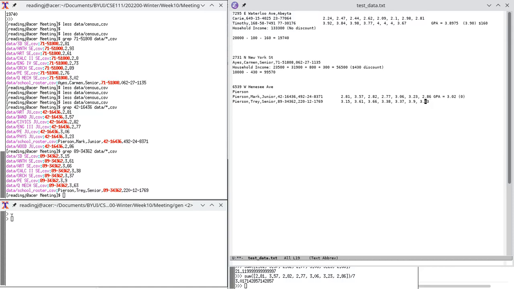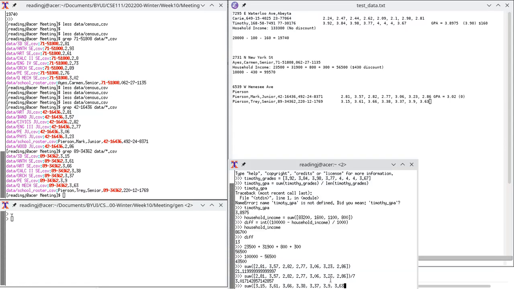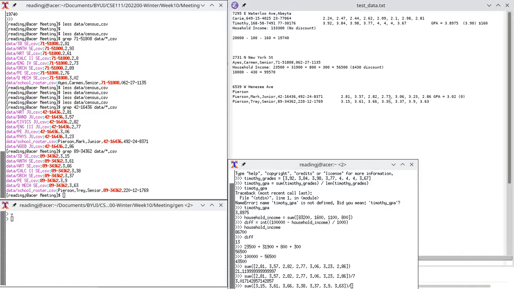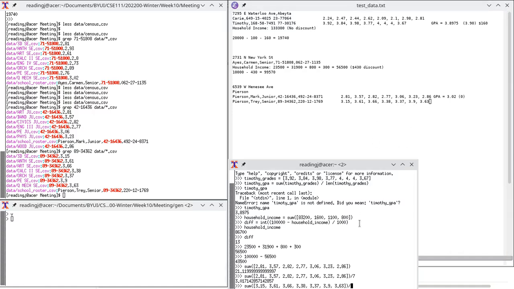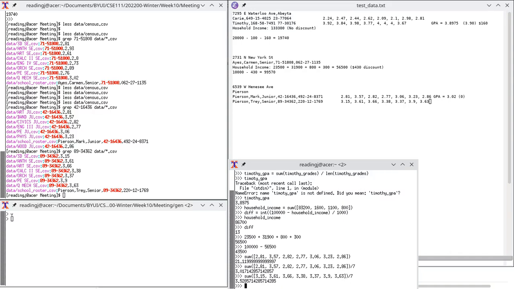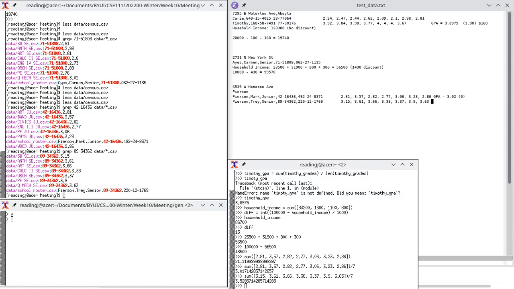Okay. So, can I paste that in correctly? Divided by 1, 2, 3, 4, 5, 6, 7. Okay. 3.52, 3.53.